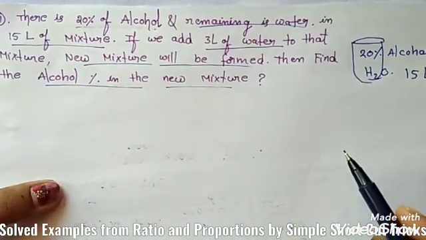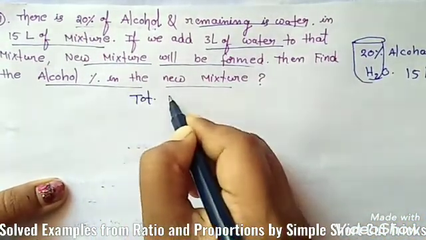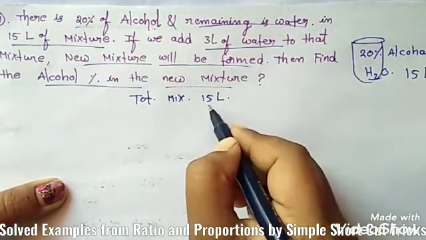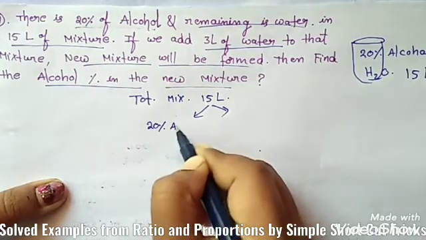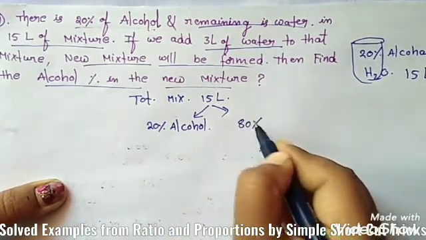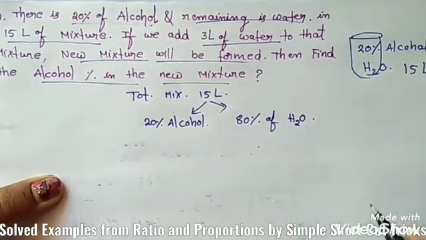This is the question. The total mixture they have given is 15 liters. In this 15 liters, 20% is alcohol, so the remaining percentage is simply 80% water. That you know.